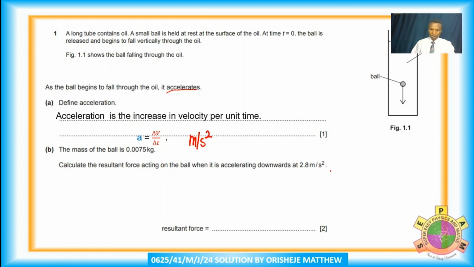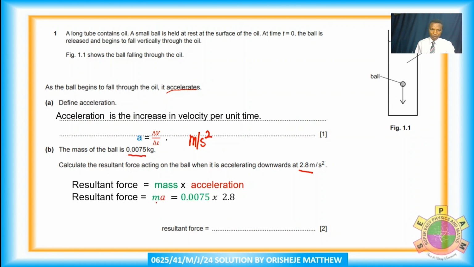Remember, the resultant force is the product of the mass of the ball and the acceleration of the ball through the oil. So we're given the acceleration here, and then we are given the mass here. So substitute, and that gives you the force of 0.021 Newton.